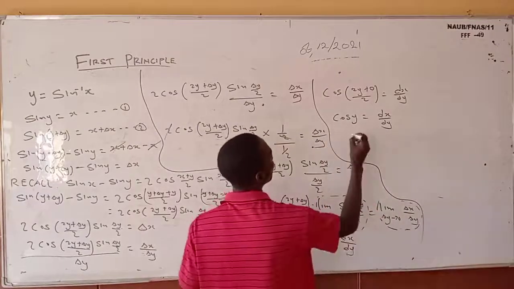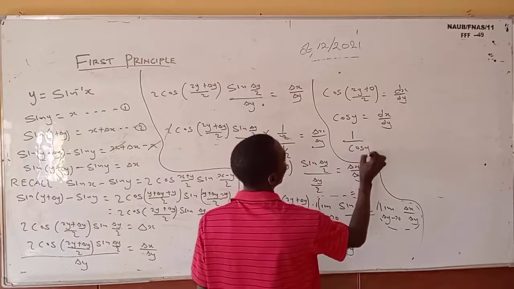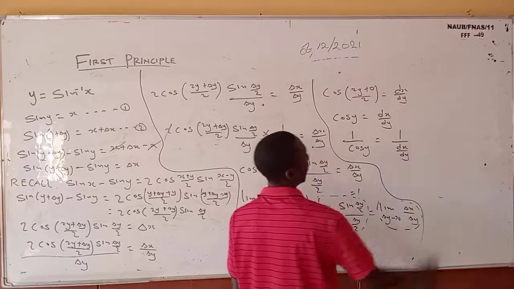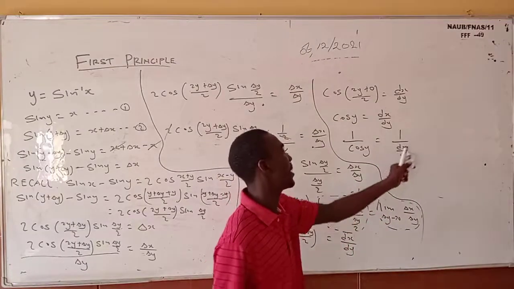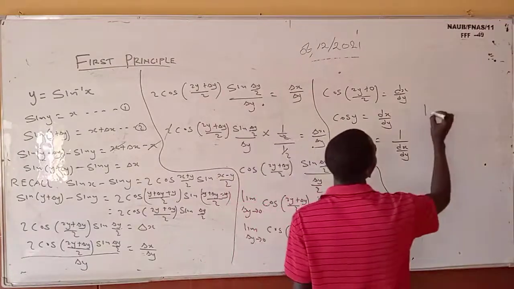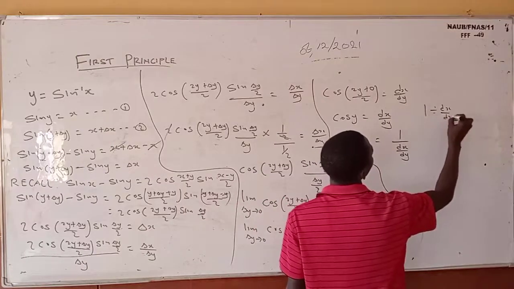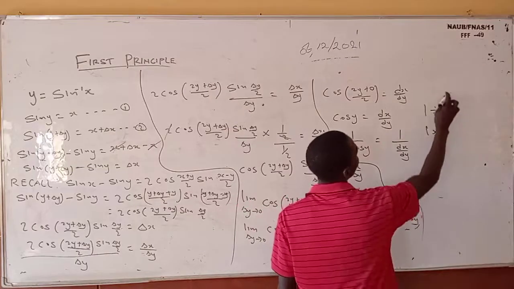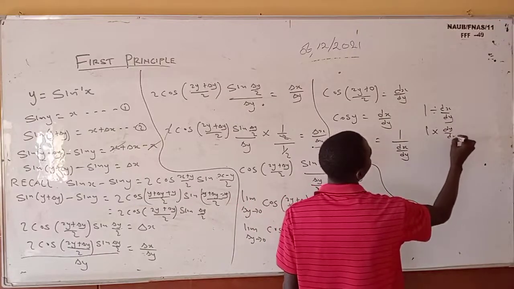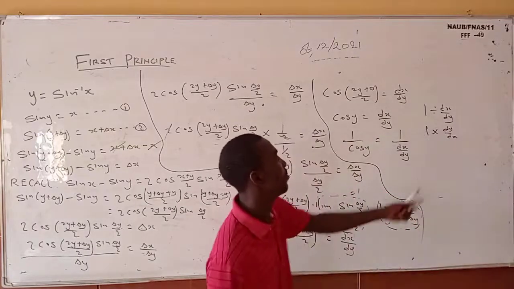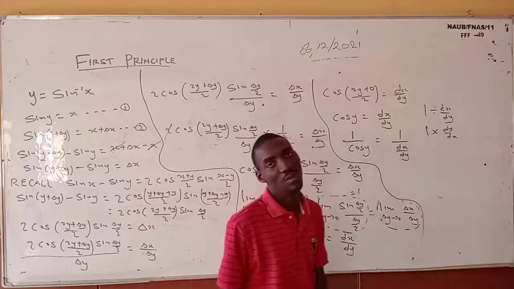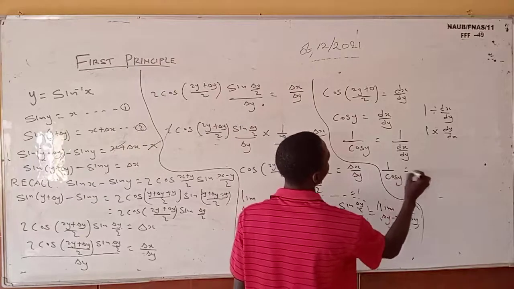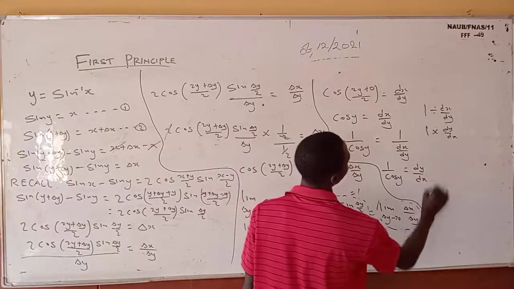So this one will be 1 over cos y equals 1 over ds over dy. And don't forget, 1 divided by ds over dy is nothing but 1 times, this one will go up, this one will come down, dy over ds. So 1 times this is dy over ds. So it means that 1 all over cos y is equal to dy over ds.